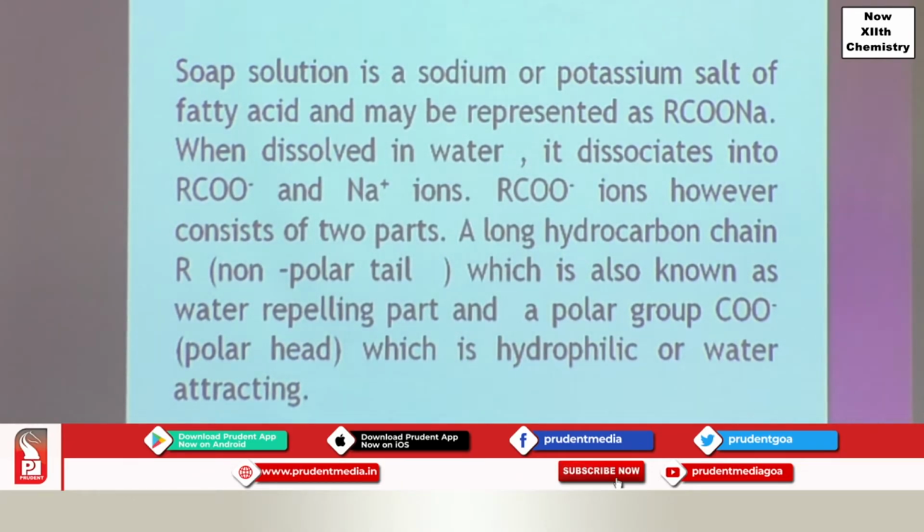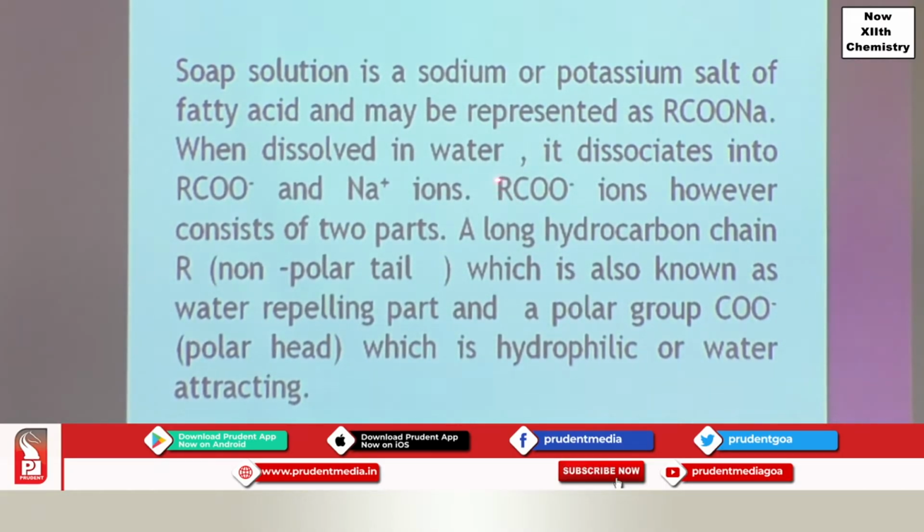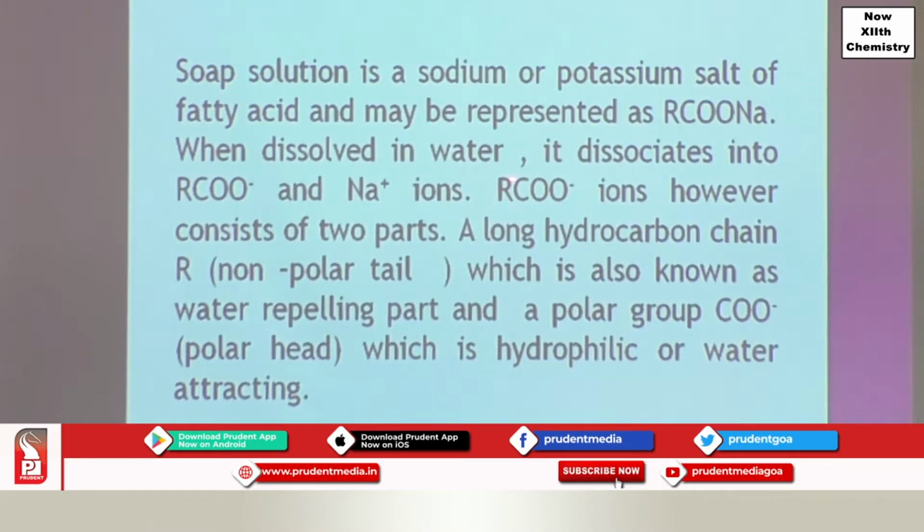Soap is nothing but sodium stearate. This sodium stearate, when dissolved in water, dissociates into two ions, Na⁺ ions and RCOO⁻ ions. This RCOO⁻ ion is called the stearate ion, and it consists of two parts: the long chain hydrocarbon, which is non-polar, that is R, and the COO⁻ group, which is polar.